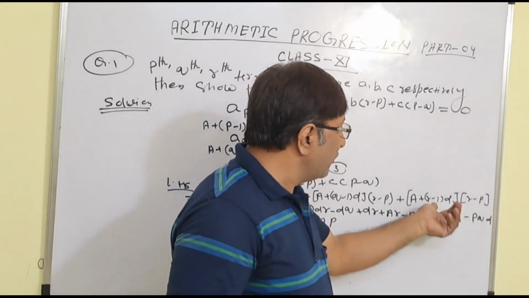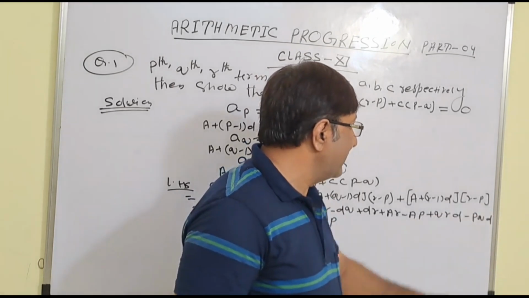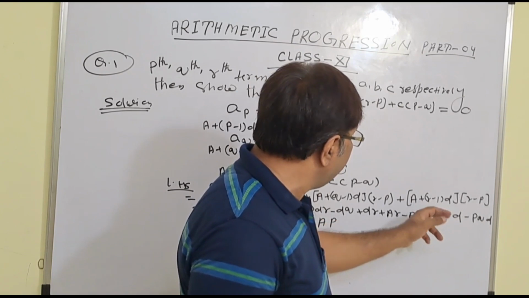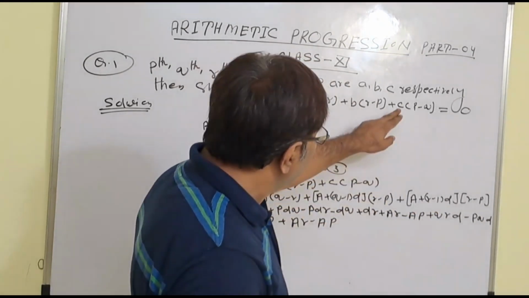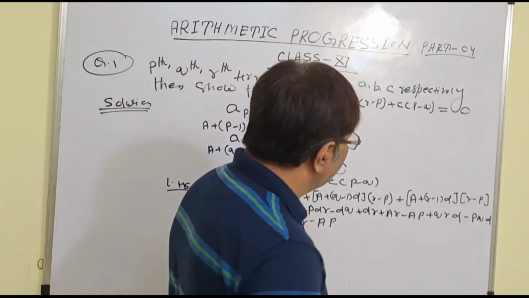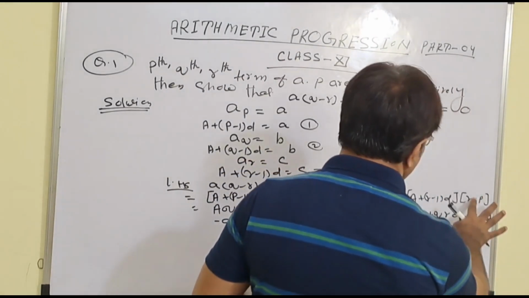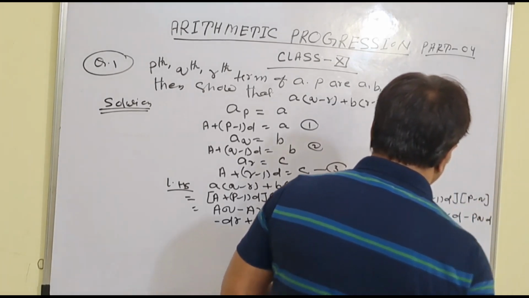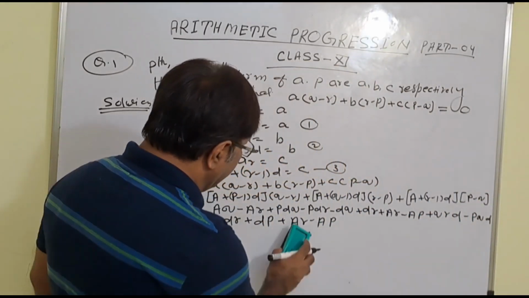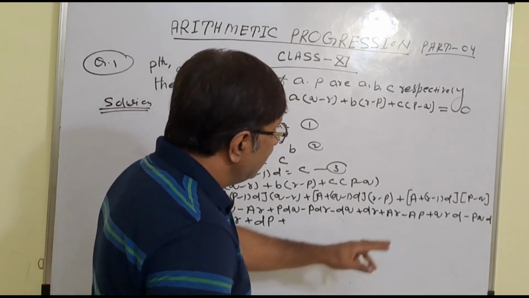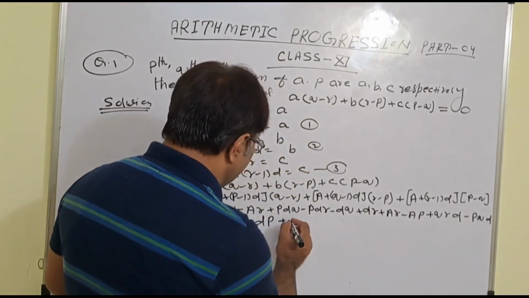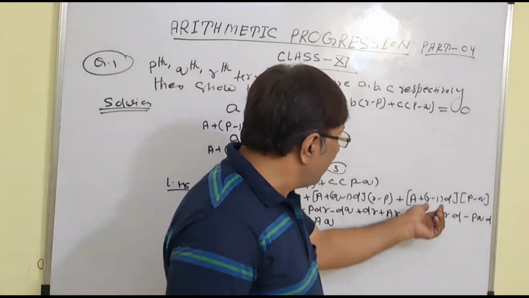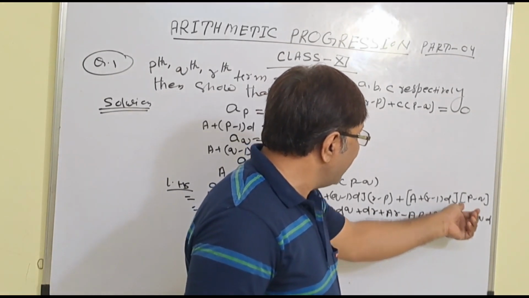Now (R minus 1) into D, multiplying: RD, and then minus D. So here we are multiplying (P minus Q), and again you check AP minus AQ. And now DR, so DR into P is what?